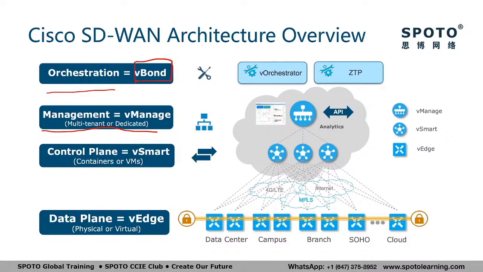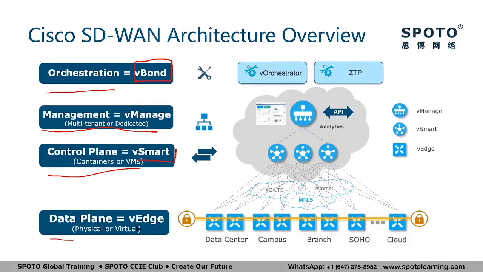The third one is the control plane. The control plane builds and maintains the network topology and makes decisions on where traffic flows. It is called vSmart. vSmart can be deployed as a container or a virtual machine.